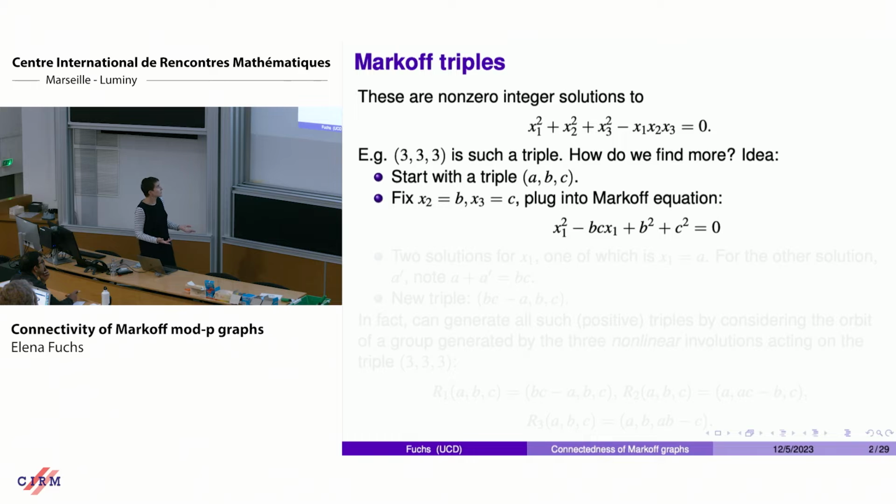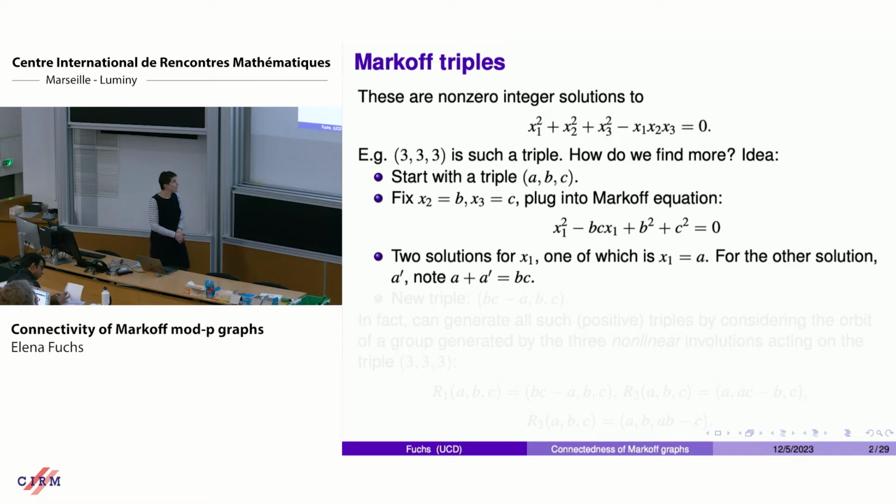Now, one of those solutions is going to be A. And the other solution is the other root of this quadratic equation. The sum of these two solutions should be BC, the coefficient in front of x1. So you get A plus the other solution, A prime, is equal to BC. So if you know that A, B, and C make a triple, then BC minus A, this other A prime, also forms a triple with B and C.